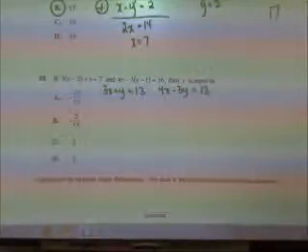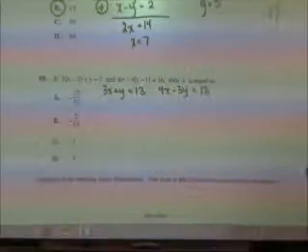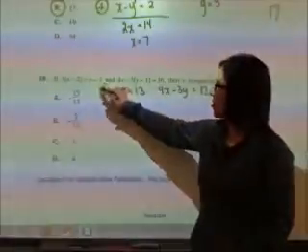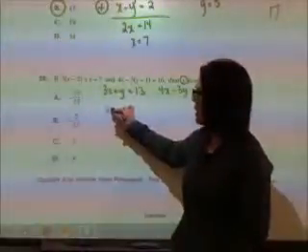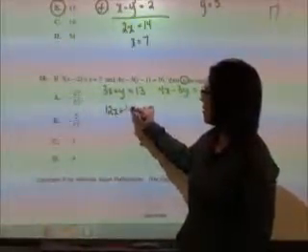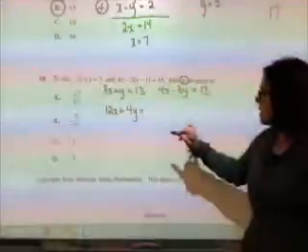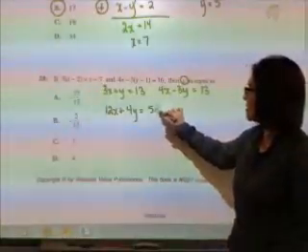Now if I use substitution, I get an x equals equation, but I want a y equals equation. So to get rid of the x's so that I get a y equals, I'd multiply this first equation by 4. 13 times 4 is 52.